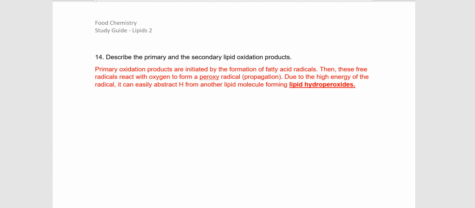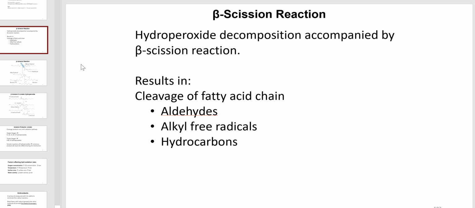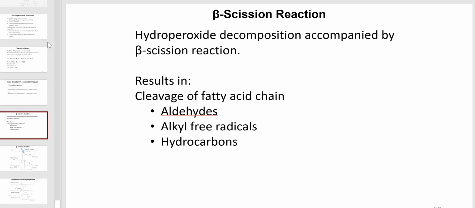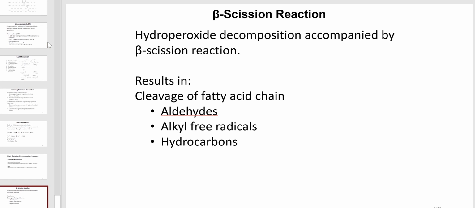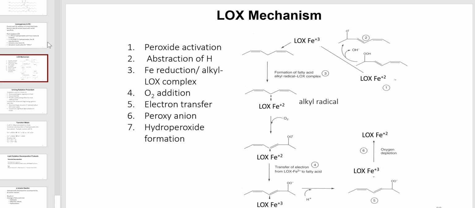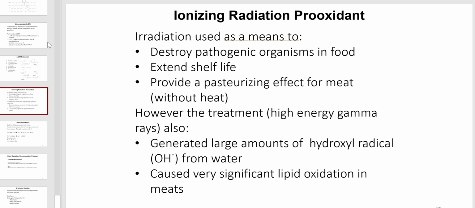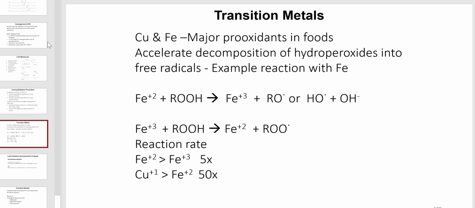So oxidation might stop here with a termination step, depending on the oxidation conditions. Remember the lecture slides. The enzymes, ionizing radiation, the presence of transition metals, they accelerate the oxidation.